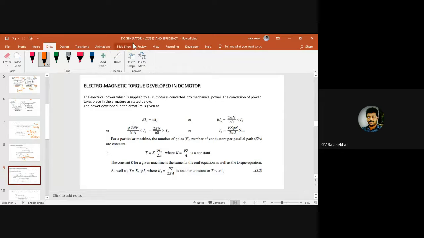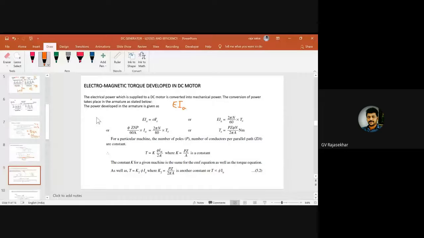So, torque developed in a DC motor. We are giving some input to the DC motor, and IA is the current into the DC motor. How do you represent it in a DC motor?